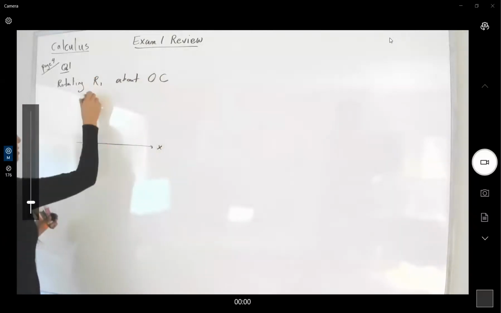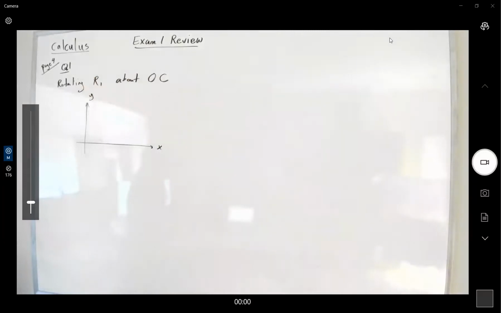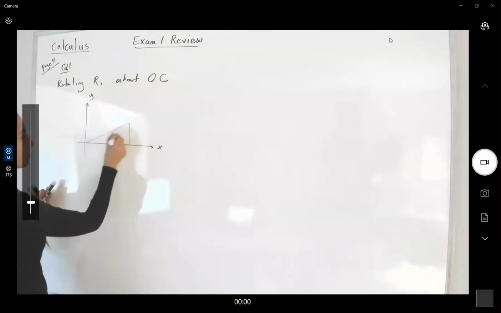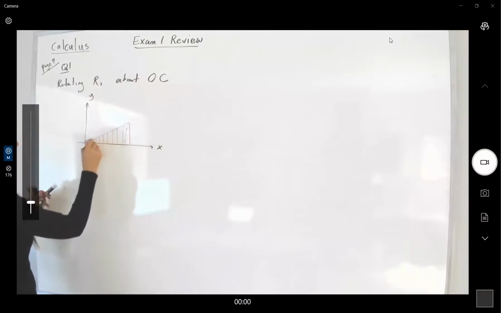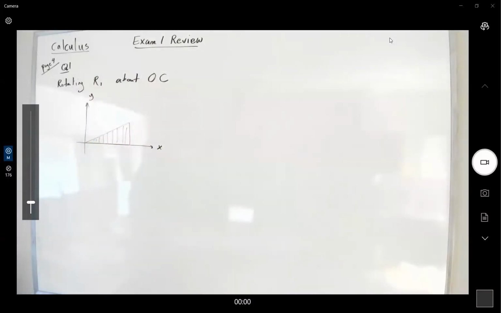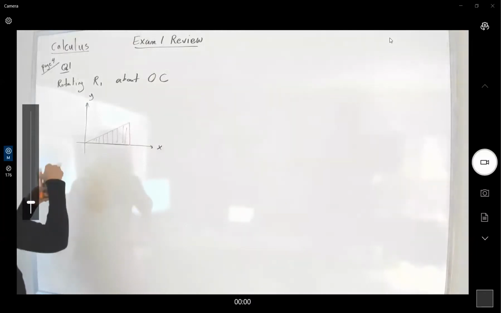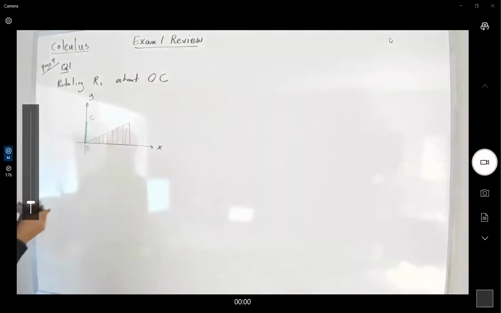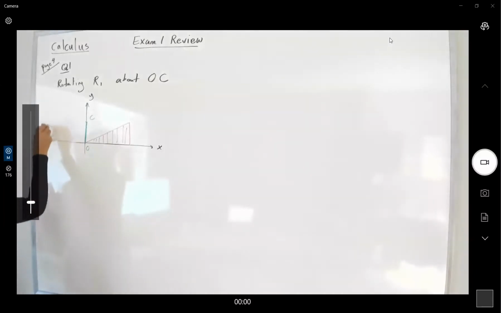This is my x, this is my y. R1 is just this triangular shape here. And I'm rotating that about OC. What is OC? OC is the y-axis. So we're taking this object and rotating it about the y-axis.